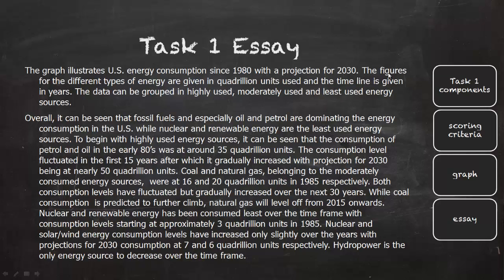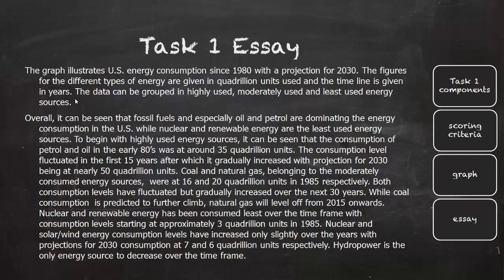Then I go on and I say the figures for the different types of energy are given in quadrillion units used, and the timeline is given in years. So I'm actually pointing out here how this information is organized, how the figures are given. They're given in units and they're given in years.